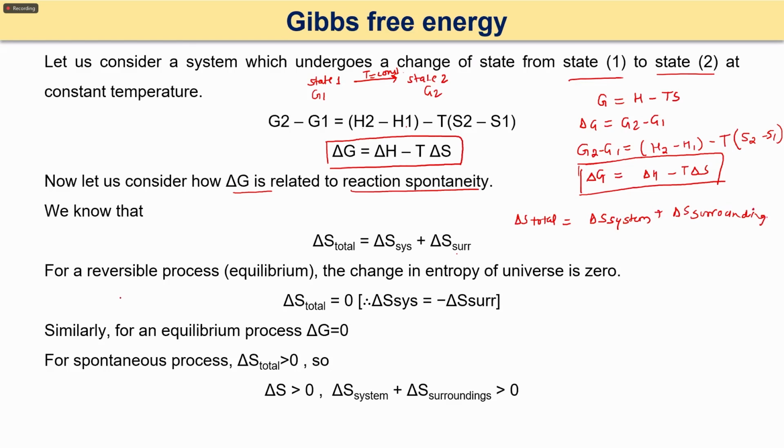So in that case, for a reversible process that is in equilibrium, the change in entropy of the universe is 0. We know that for a reversible process, the change in entropy of the universe, or total, is equal to 0. This means your delta S system plus delta S surrounding will become 0.